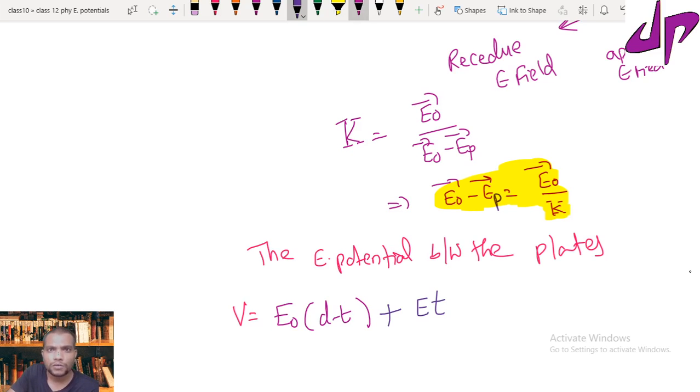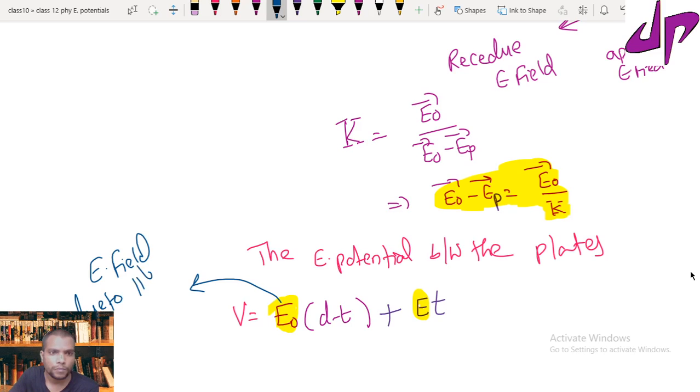Here if you observe carefully, two electric field expressions are there. This E naught is the electric field due to a parallel plate capacitor without dielectric.